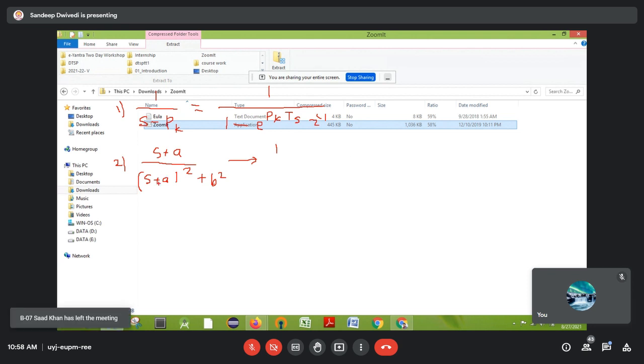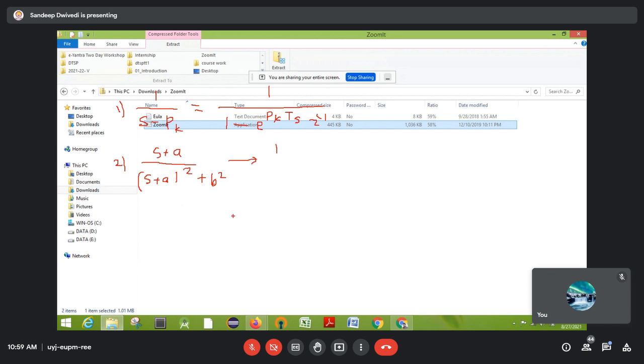So what you can do, you can consider this as H of s. Okay, and to separate this bracket, you can write this as A1 upon s plus a minus jb in one bracket, and in another bracket you can write s plus a plus jb.